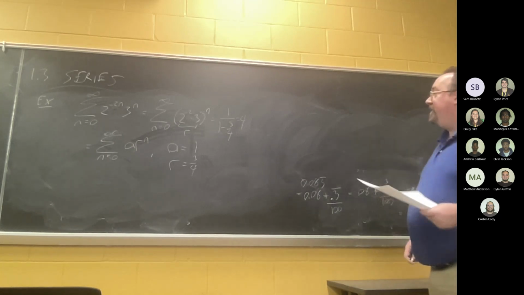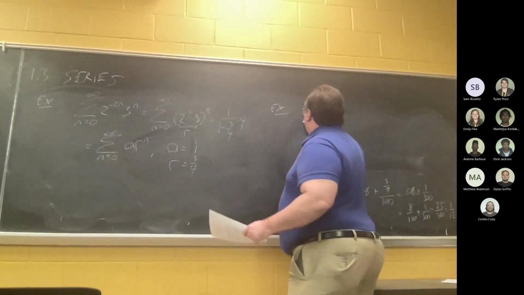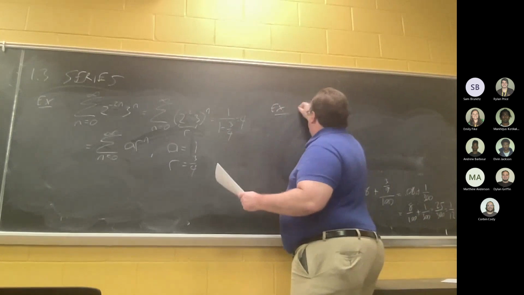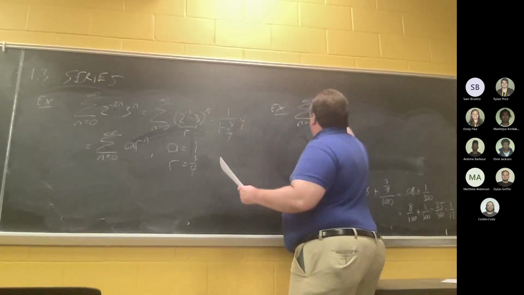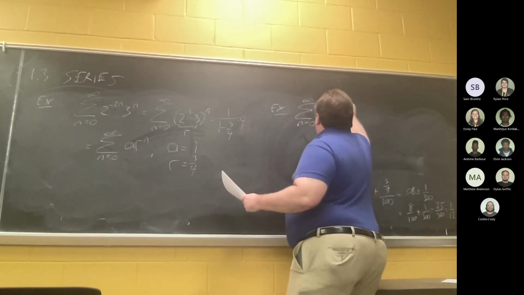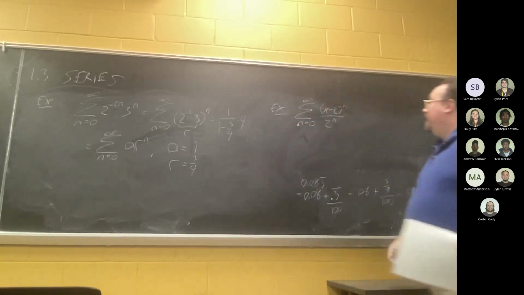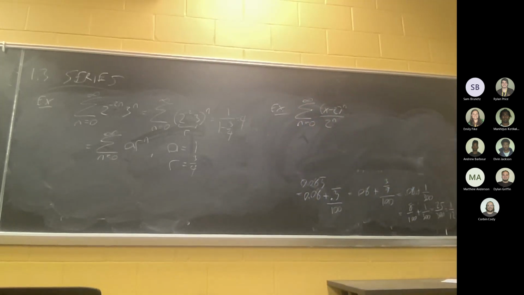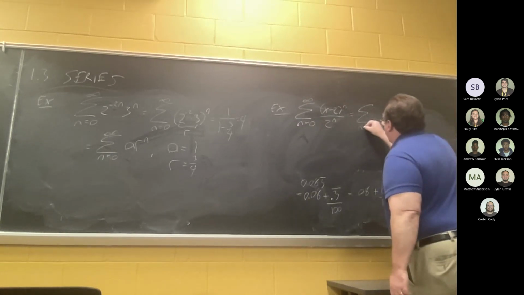Right. You can take this next example as a preview of things to come. We mentioned power series. So here we have x minus 2 to the nth power over 2 to the n. So this can be described as a geometric series. It's just that the r is not a fixed constant.